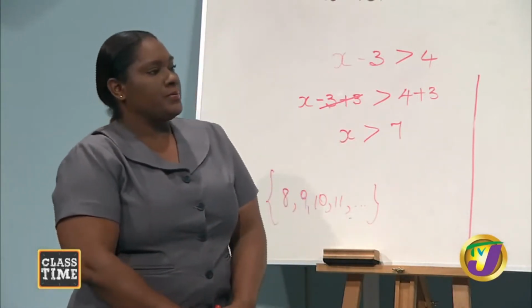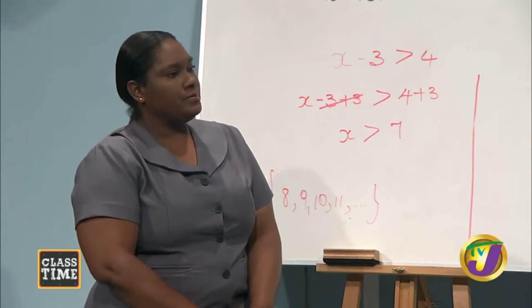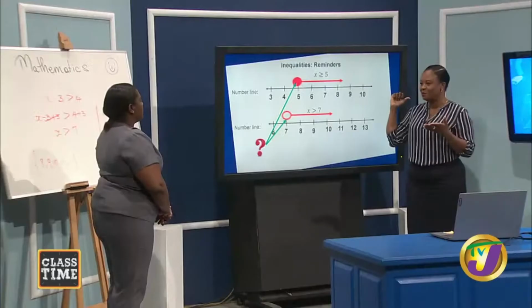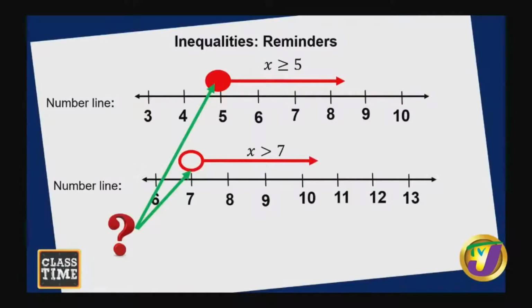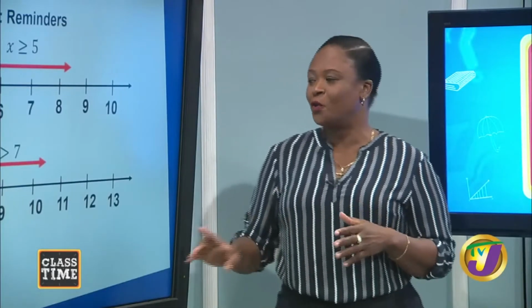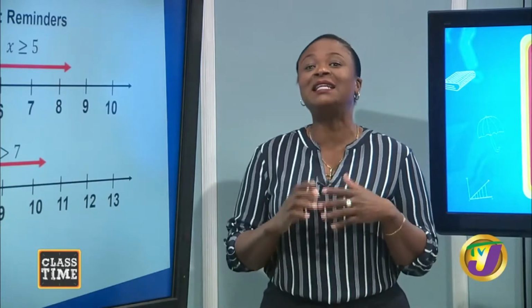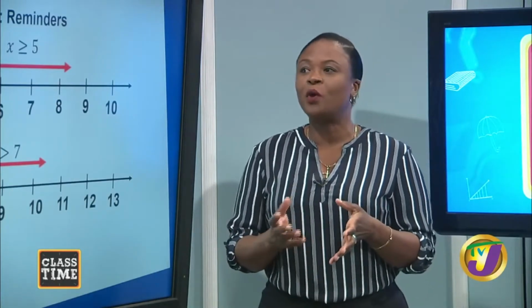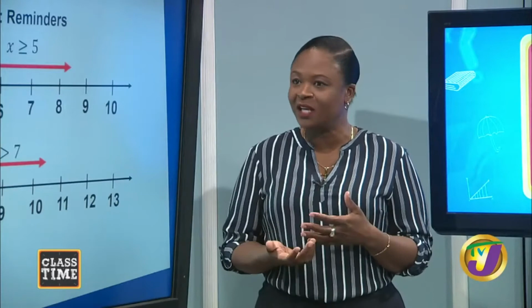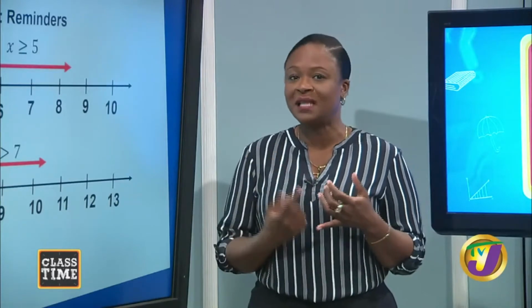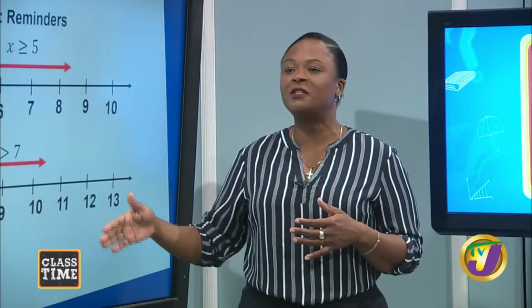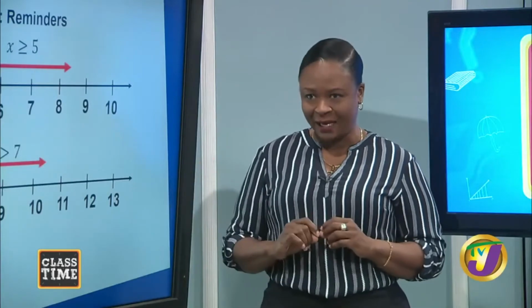The ray points to the right simply because it is greater than the stated endpoint that we have. So, ladies and gentlemen, I hope that for now you have a greater appreciation, at least for the basics, as we work with inequalities or inequations: how to solve them, how to use the set builder notation, and how to represent them on the number line.